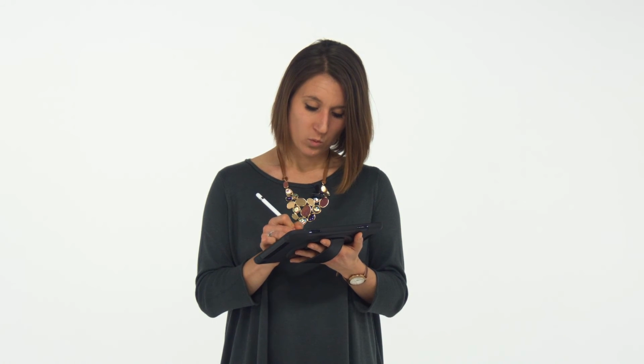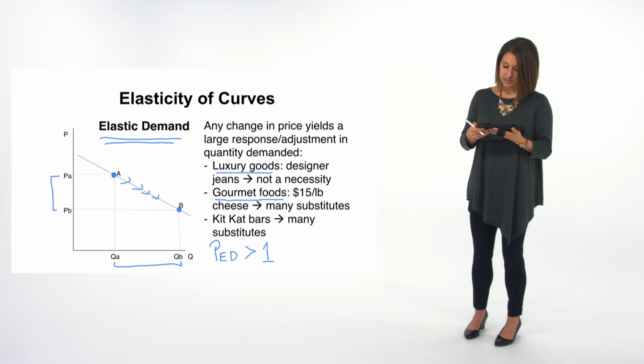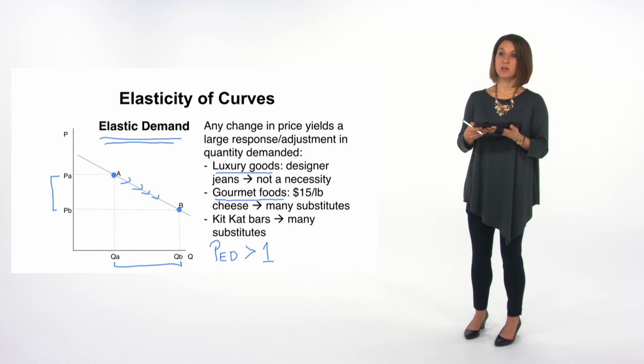Another example would be gourmet foods. Let's think about, for example, really fancy cheese that costs $15 a pound. There's many substitutes for really fancy cheese, such as not so fancy cheese, or other gourmet food products.